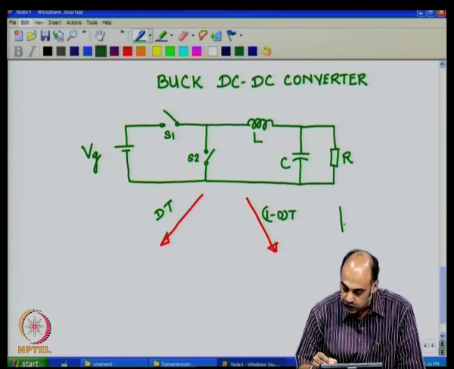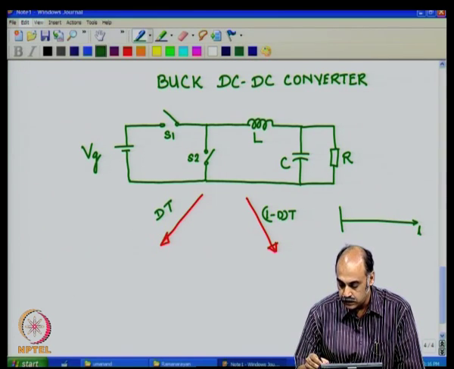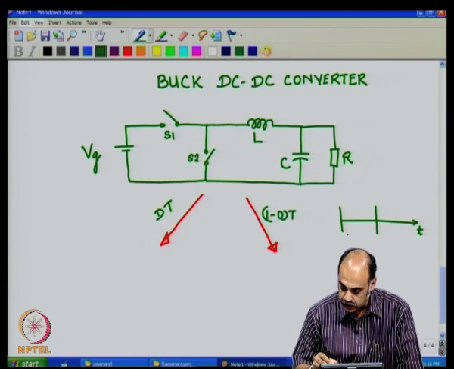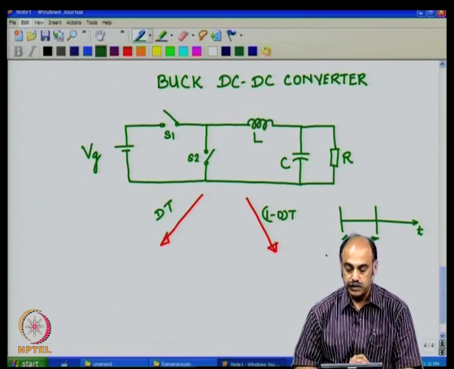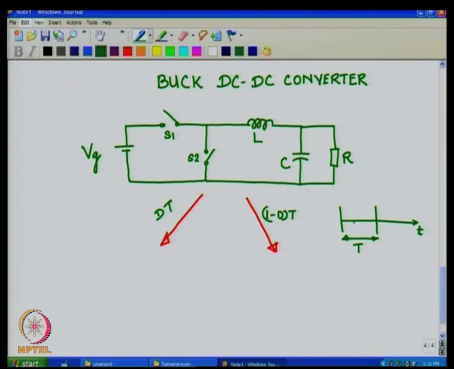If I indicate the time axis as t here, and this is the total switching time period T, and this is split into two parts, wherein this part we call dT, d is less than 1, the duty ratio, d is duty ratio, and this part is 1 minus d T.